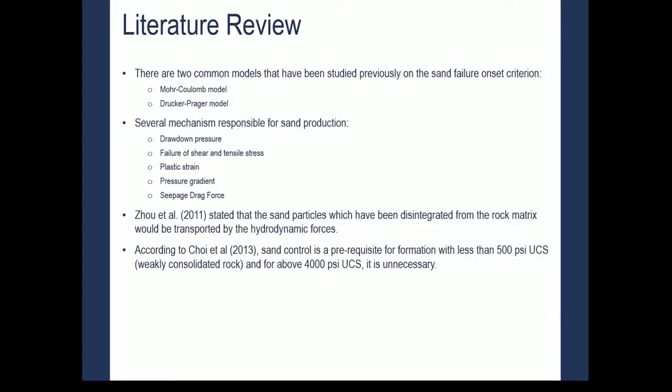So they use the effective stress at the borehole and perforation to determine the sand onset. Other than that, we also have the Drucker-Prager model. It is in general a pressure dependent model, so it is used to investigate the plastic yielding of the rock matrix in order for us to determine the failure of the formations.